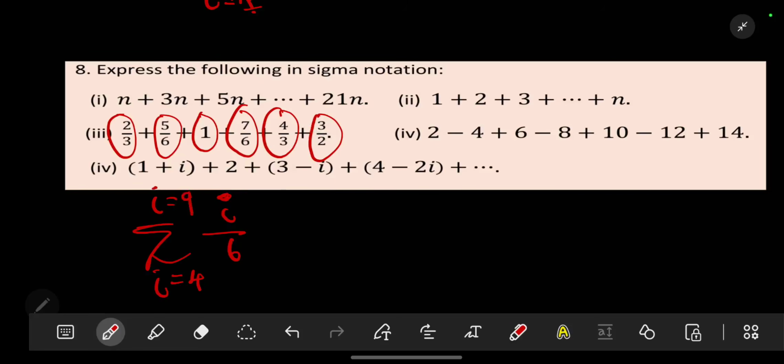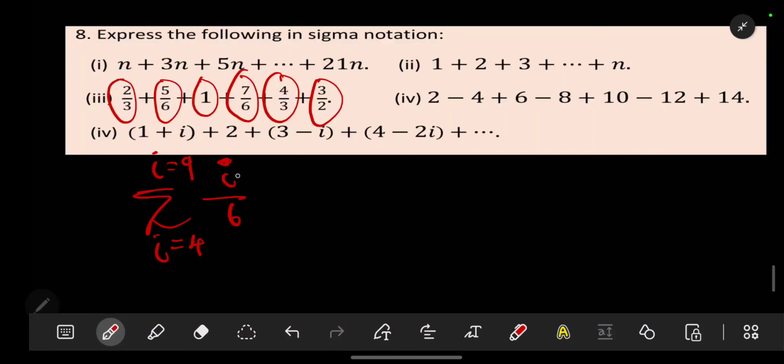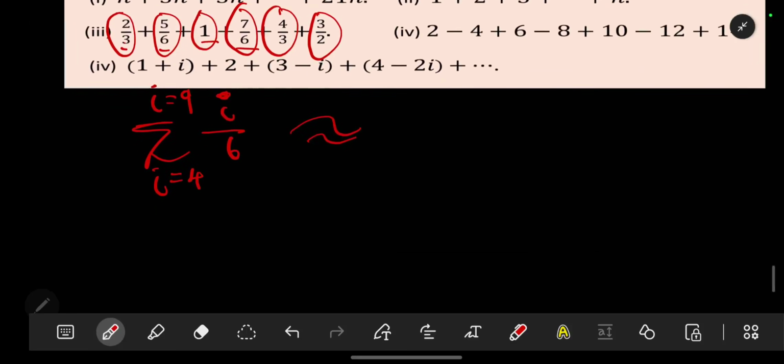To I is equal to 9. So how do you get to this one? If you look here, we have 3, we have 6, we have 1, we have 6. So all these numbers can be written in terms of having the denominator 6.